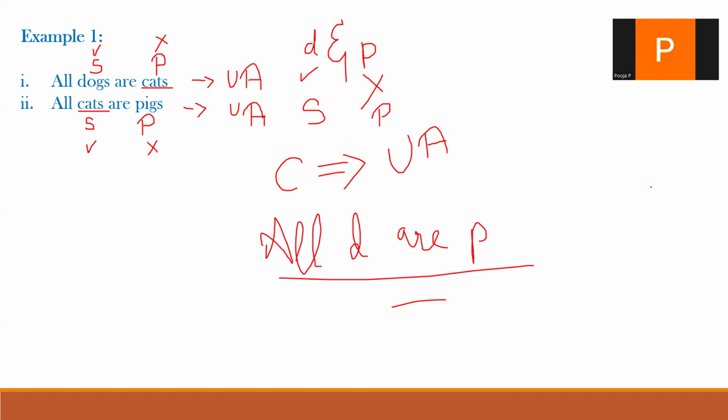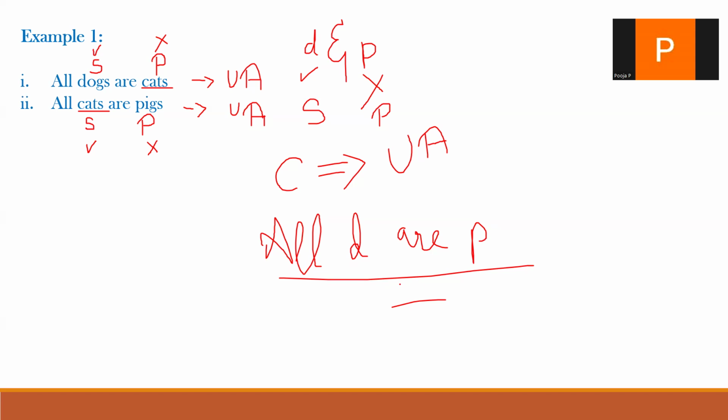So that is the whole and sole reason why we have to solve these deduction questions. We cannot directly look into the options and eliminate because your options will consist of the same: all dogs are pigs, all dogs are not pigs, some dogs are pigs, some dogs are not pigs. It will be all in this way. So you cannot eliminate your option so easily as long as you don't deduce it.